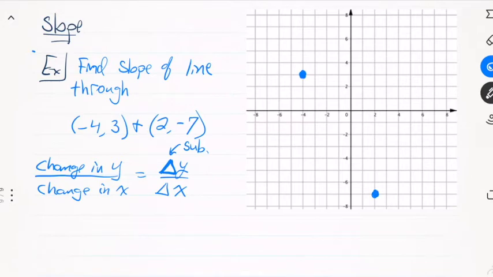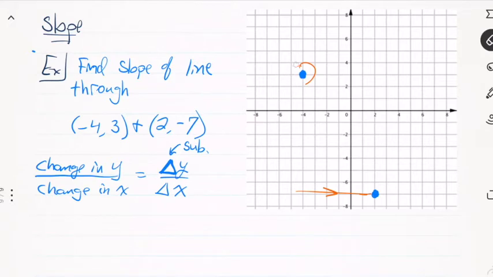All right, so when we start looking at the change in y from one point to the other, it really doesn't matter what point you start at. If I start at this point, my change is going to be negative because it would be going down. And when we get level with this point down here, then we'll go in this direction, and that would be positive. So it would be a negative over a positive.